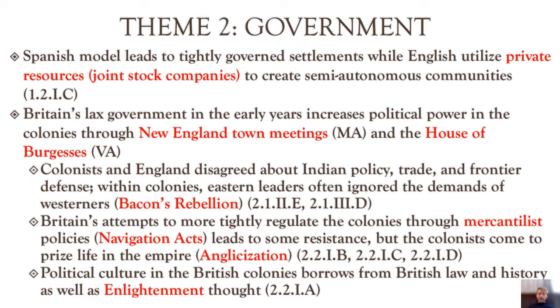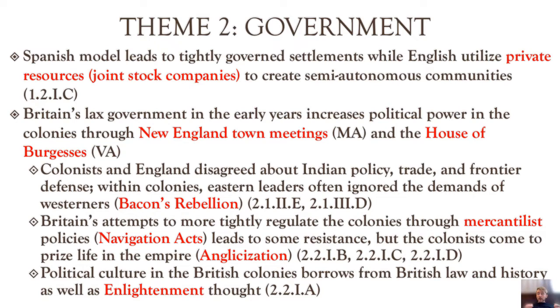That doesn't mean that the colonists are allowed to do whatever they want, and they are frequently in disagreement with England on things like Indian policy. How should the Indians be treated? How shall trade go? How should trade be regulated? What should we do about frontier defense?